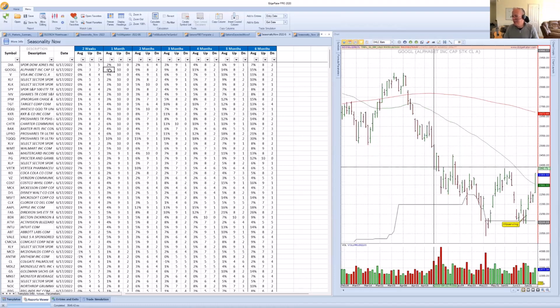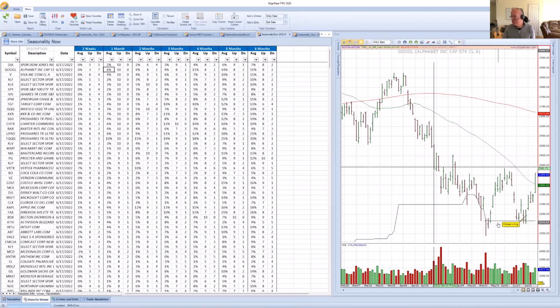So, Google here had good 1 month seasonality as of a week ago, and then last week it had a good rally. But you might say by looking at seasonality that it was due to do well for the next month. If you believe in seasonality, you definitely could say that, and it gives you some confidence that things might be moving in the right direction.